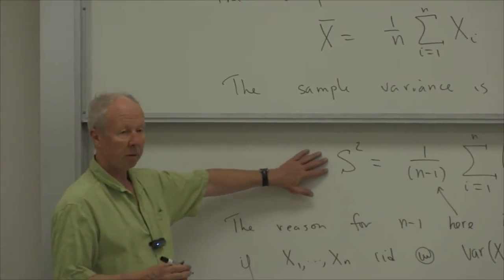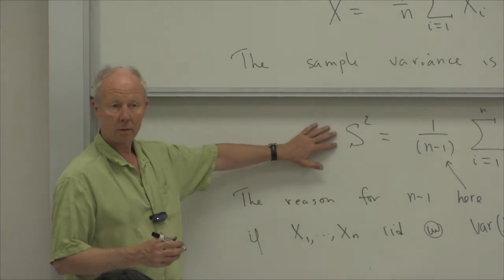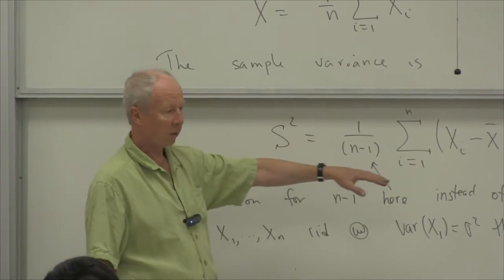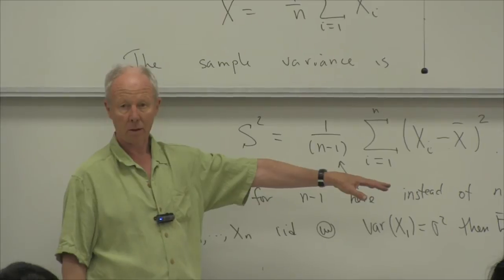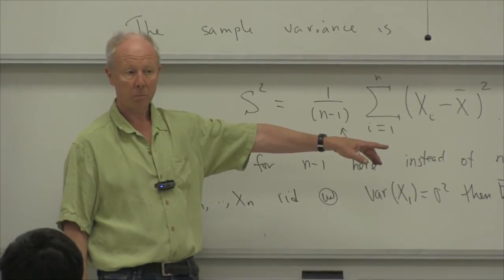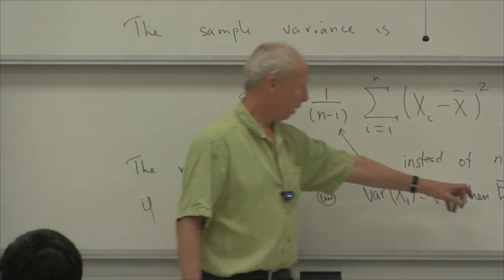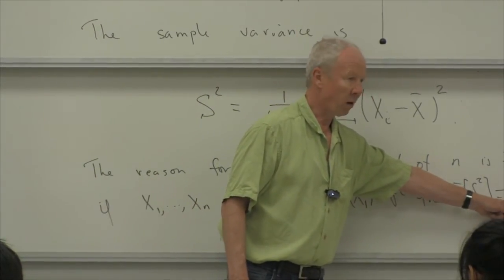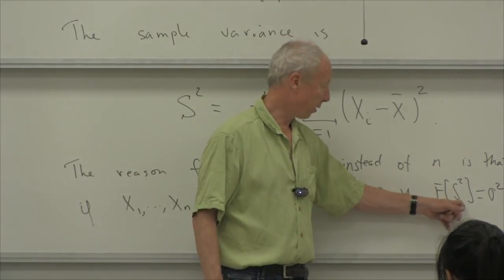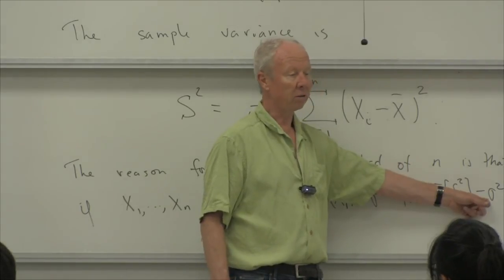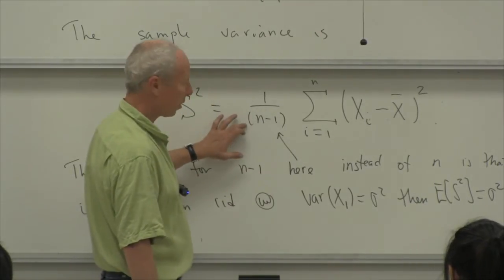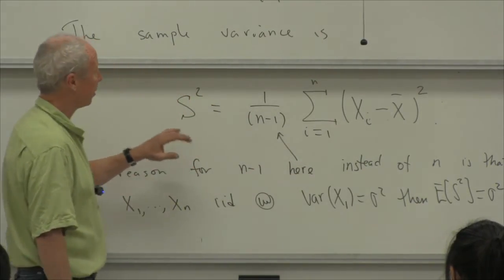This is supposed to be an estimate for sigma squared. If I have a 1 over n here, I wouldn't get sigma squared there. I'd get n minus 1 over n times sigma squared. If s squared is supposed to estimate some parameter, namely sigma squared, if the expected value of the estimator is equal to the true value, then we call that an unbiased statistic. So we normalize by 1 over n minus 1 here to get an unbiased statistic.